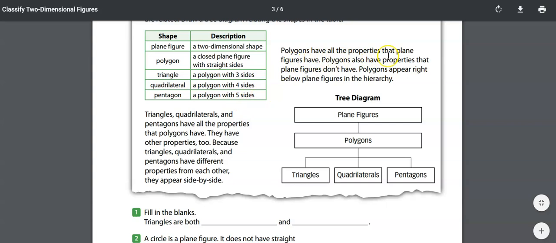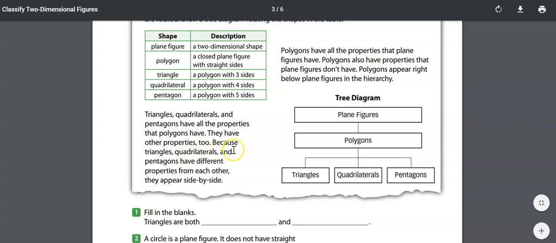Polygons have all the properties that plane figures have. Polygons also have properties that plane figures don't have. Polygons appear right below plane figures in the hierarchy. Triangles, quadrilaterals, and pentagons have all the properties that polygons have. They have other properties too.